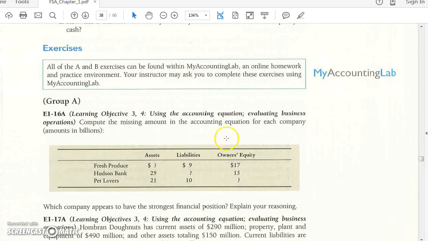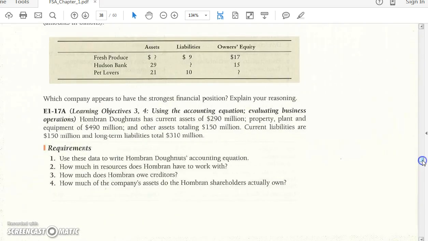What does number 17 say? Number 17 says, using the accounting equation and evaluating operations. So it's asking us to write the accounting equation, figure out which resources Homebron has to work with, which to me means assets. How much does Homebron owe creditors?